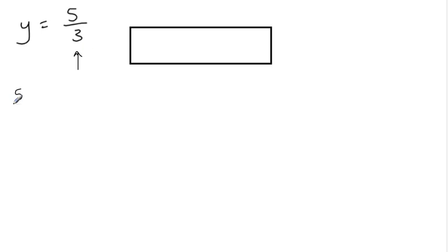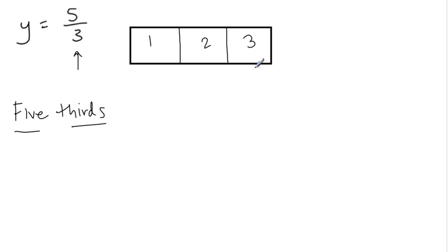This is 5 thirds. I need 5 thirds, and so a third looks like this. So there's 1/3, there's 2/3, there's 3/3. 3/3 makes a whole. One whole rectangle.